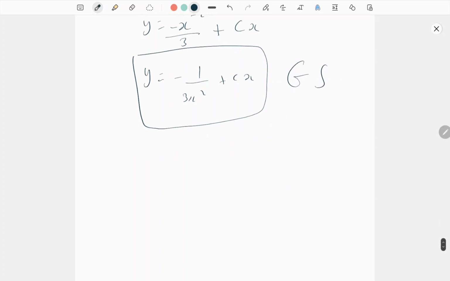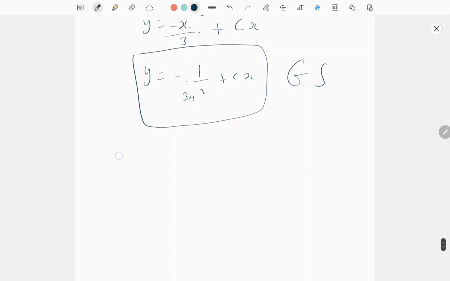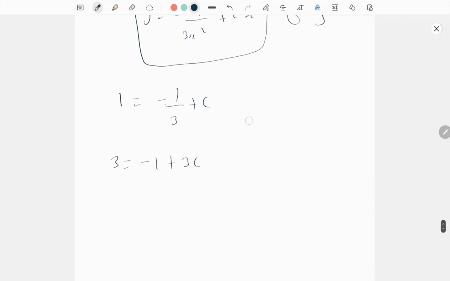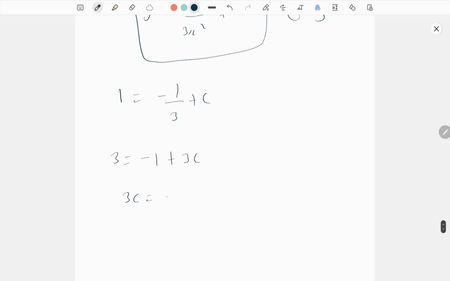To find the particular solution, we're going to substitute those values in. So when y is 1, x is 1. So that's going to be 1 equals minus 1 over 3 plus c. So 3 equals minus 1 plus 3c. So 3c equals 4. c equals 4 over 3.